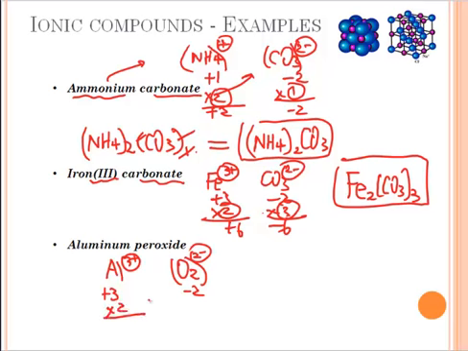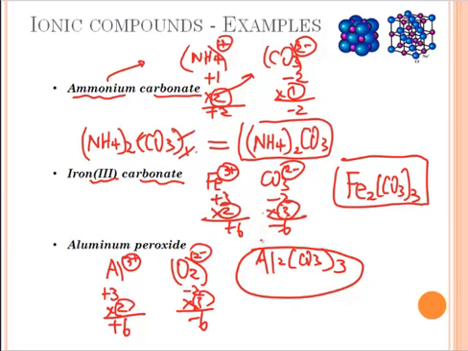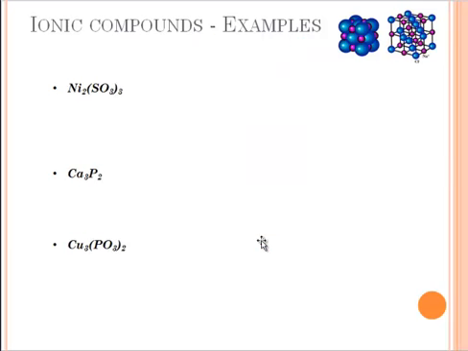As you can see, -6 +6, and they even out when you add these two together. So those are the numbers I start to circle. And they will be Al2(O2)3. That will be the formula for this particular ionic compound.